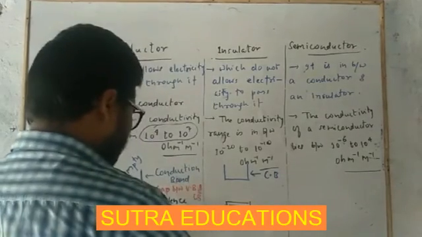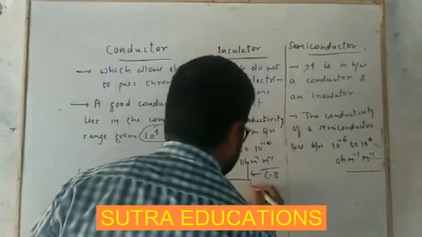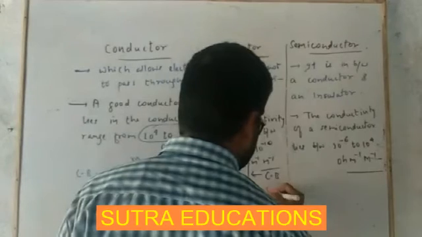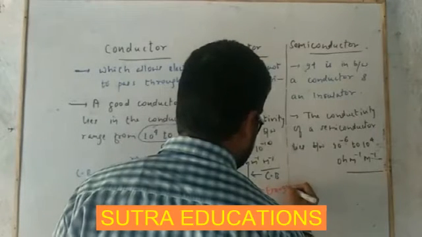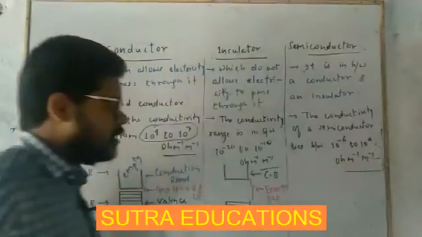And you can see here between valence band and conduction band there is an energy gap. This is energy gap between valence band and conduction band.